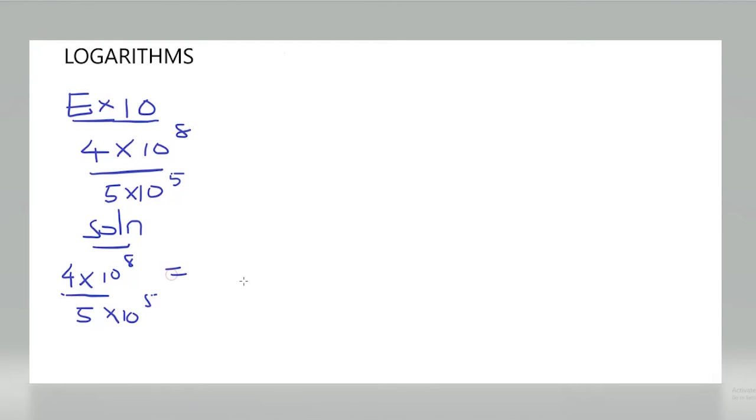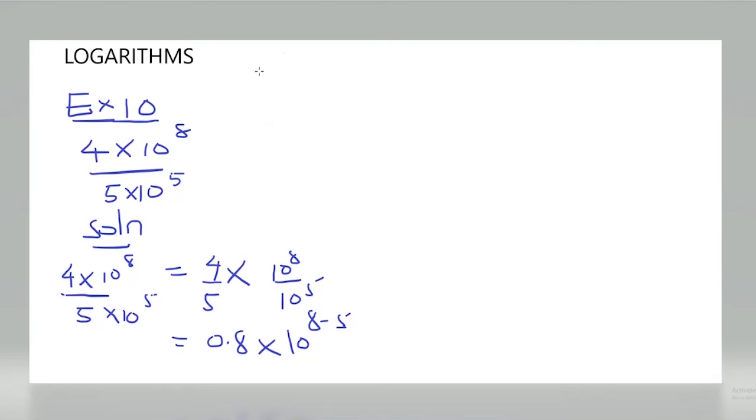Now this can be written with the like terms: 4 divided by 5, times 10 power 8 divided by 10 power 5. 4 divided by 5, if you divide carefully, is 0.8, times 10 power 8 minus 5 according to the law of exponents.